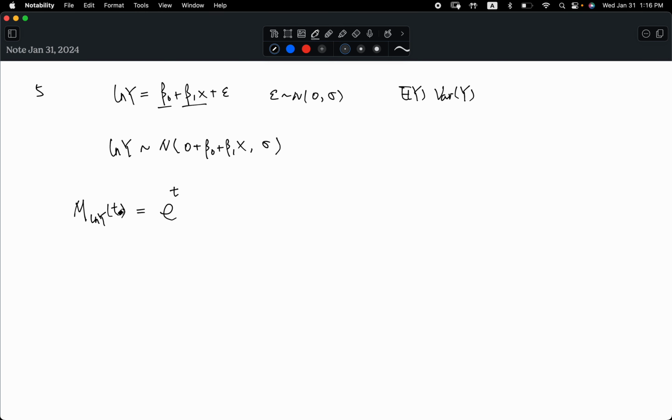The mean of this log of y is just beta 0 plus beta 1 multiplied by x. Then plus 1/2 t squared times the variance of the new random variable, which is just sigma squared.